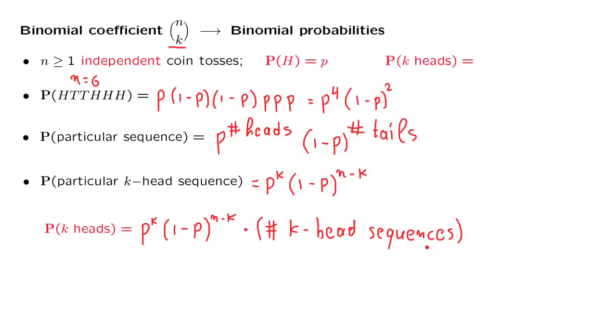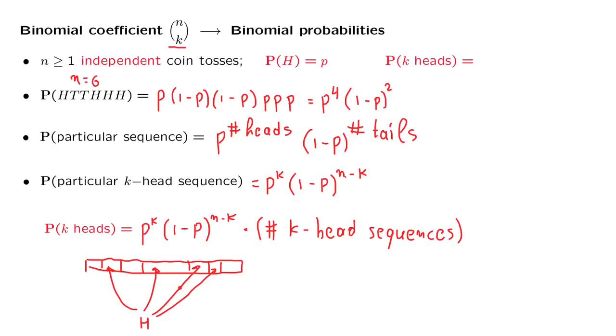How many are there? Well, specifying a k-head sequence is the same as the following. You think of having n time slots. These time slots correspond to the different tosses of your coin. And to specify a k-head sequence, you need to tell me which ones of these slots happen to contain a head.